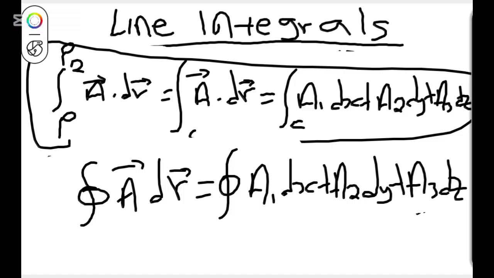In aerodynamics and fluid mechanics, this integral is called the circulation of, let's say, vector A about the curve C, where the vector A represents the velocity of fluid in general. But we will not talk more on that.